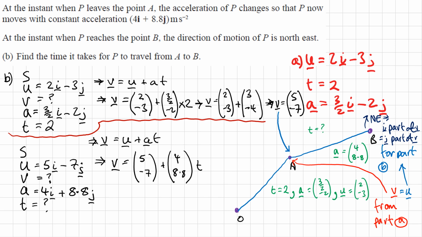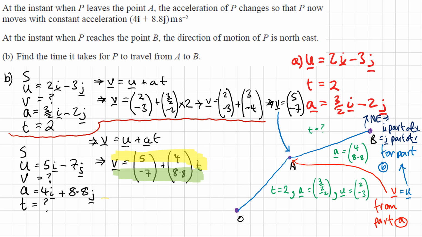Now this is where I use the northeast bit. The top row represents my i part, so let's highlight that, multiplied by t, and that's going to equal what I get from my j part, which is the bottom row here, and I can set those equal to each other and solve for t.